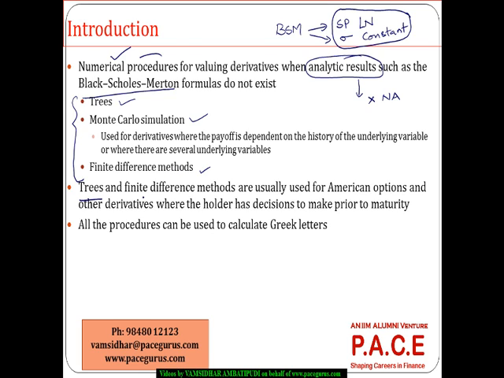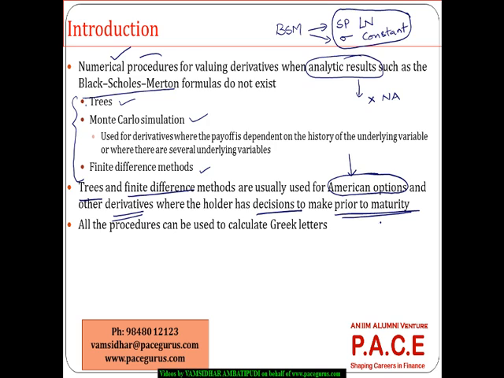When it comes to the trees and finite difference methods, they are generally used for valuing American options because we can create trees. So they are very comfortable to value American options and other derivatives. The main thing is where the decision has to be made prior to maturity.